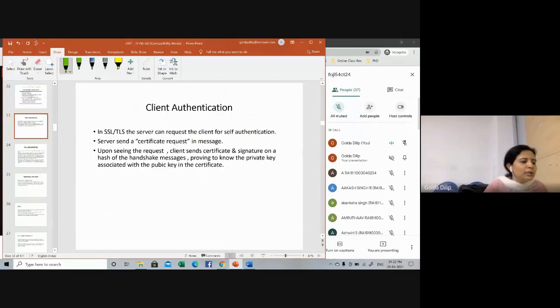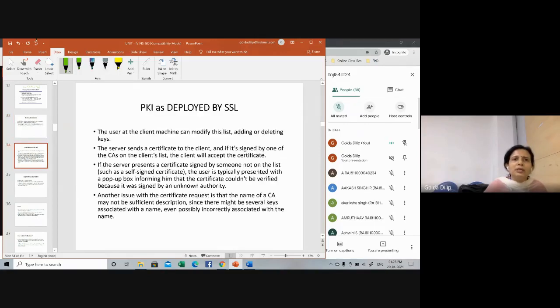Then we looked into client authentication. The client authenticates the server, but the server does not authenticate the client. In case there is a certificate request, then the client will respond to that. Then we looked into how the public key infrastructure is deployed by the secure socket layer.